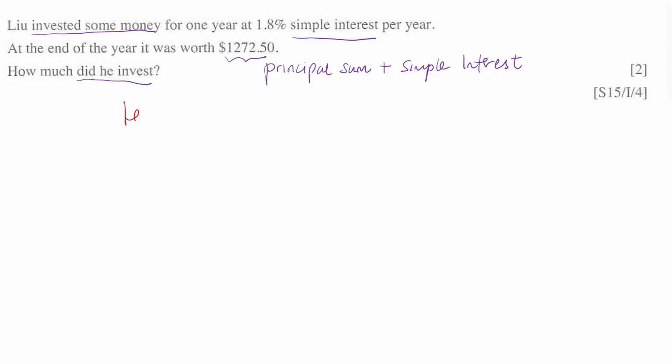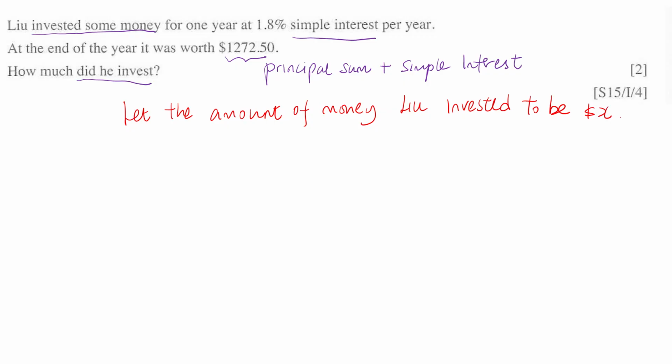So we're going to let the amount of money Liu invested be X dollars. So 1272.50 represents X dollars plus the interest.